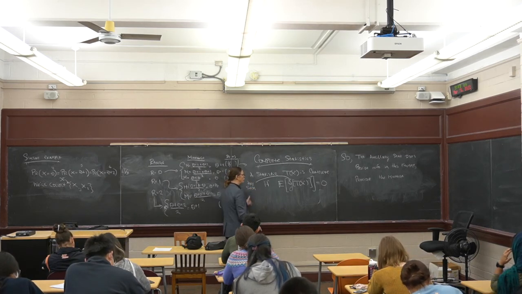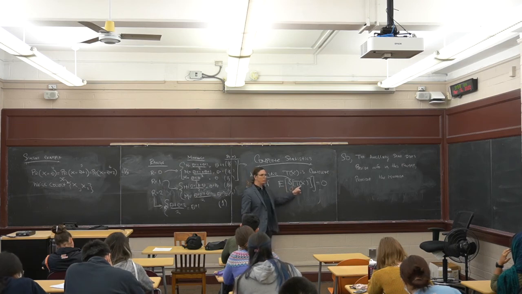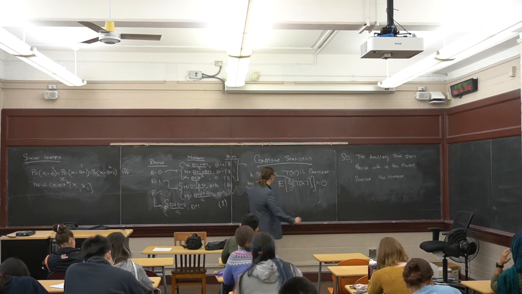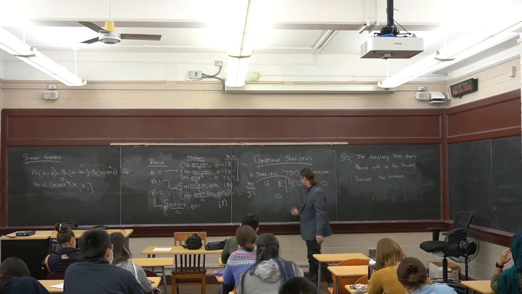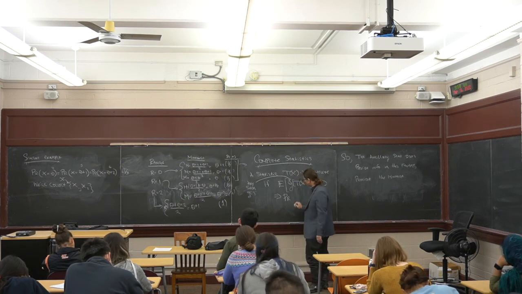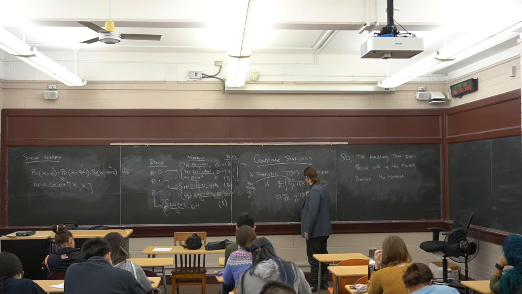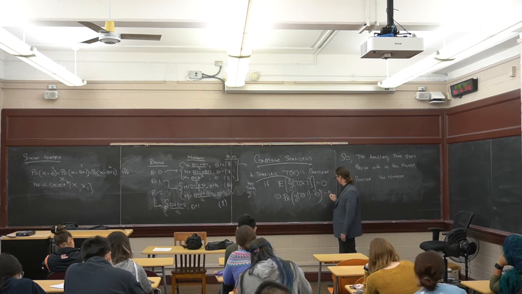So any such g that has this property right here, if I take the expectation of g of some statistic and it's 0, and this implies, so I haven't told you the rest of the definition, this implies that the probability of g(T(x)) equal to 0 is equal to 1.